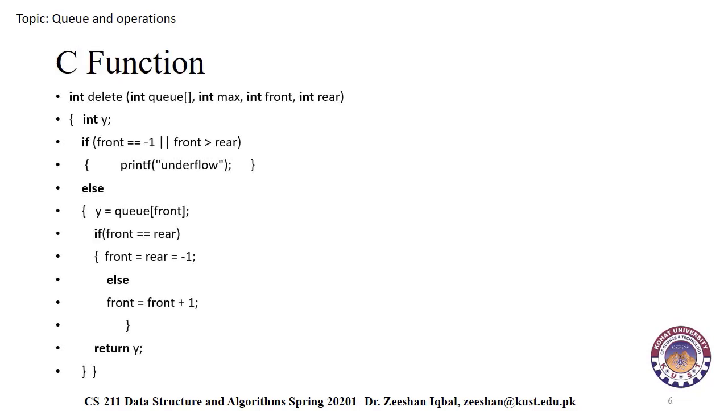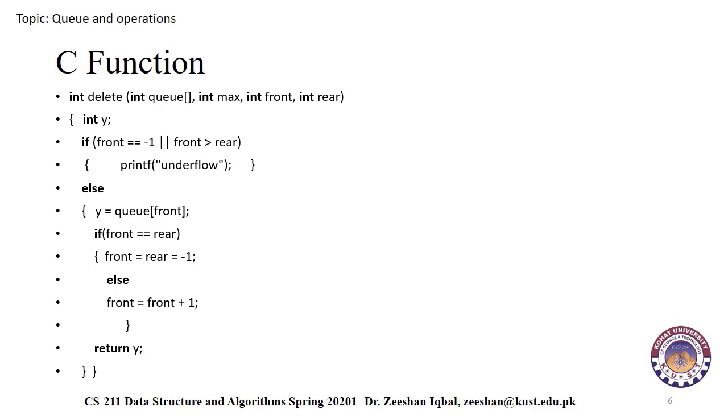This is the C function for the deletion function. Here we can see that the first if condition checks if front is equal to -1 or front is greater than rear, then we have to print the underflow condition, else we have to return the front value to the y variable. Next, we have to check if we are deleting the last element, so we check if front is equal to rear.